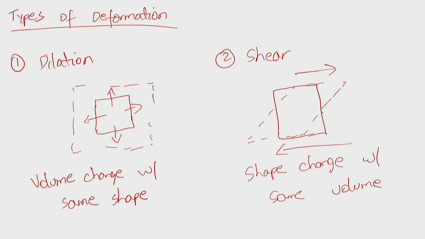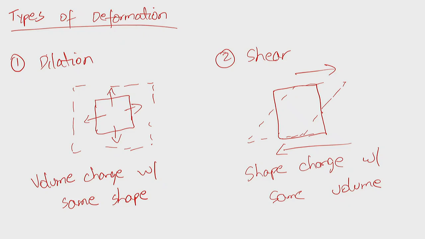And then what we had done was talk about how dilation can be represented mathematically, basically by using the equation of continuity, which falls out of the mass balance equation.